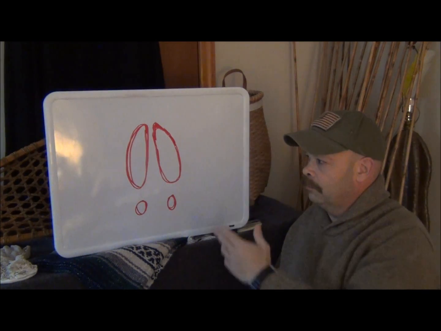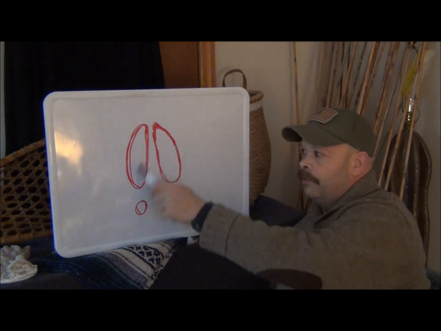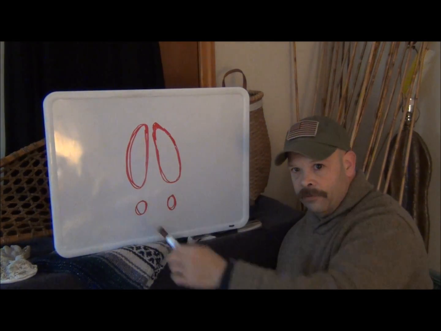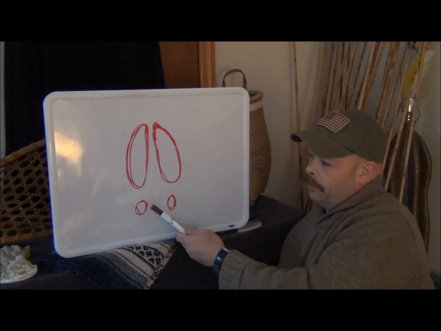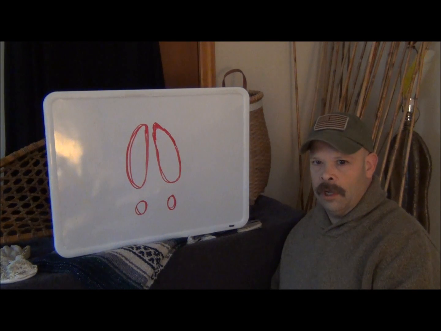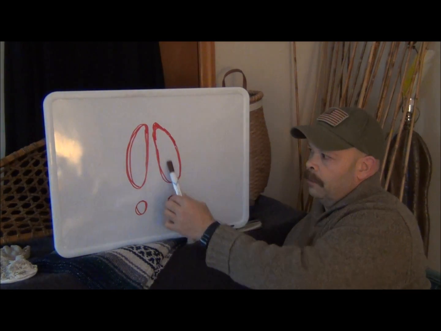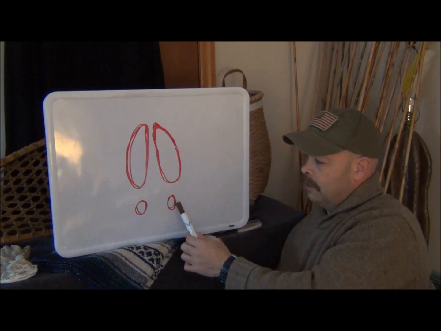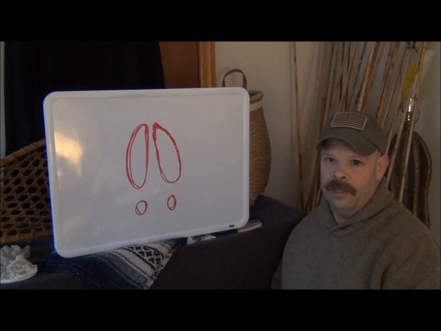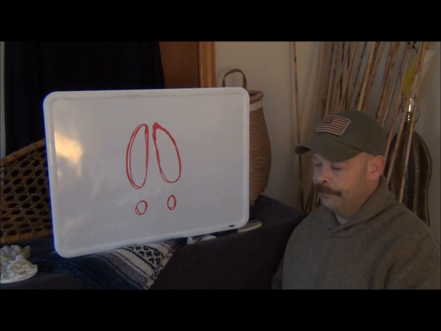Now when we talk about the deer family, or the ungulates, it's a cloven foot or cloven hoof. Number 1 isn't present at all. Number 2 becomes the first dew claw. Number 3 is the first part of the cloven hoof. Number 4 is the second part of that same hoof. And then number 5 becomes the last dew claw, or the last pad that you're actually going to see.